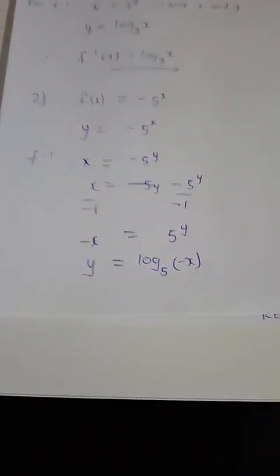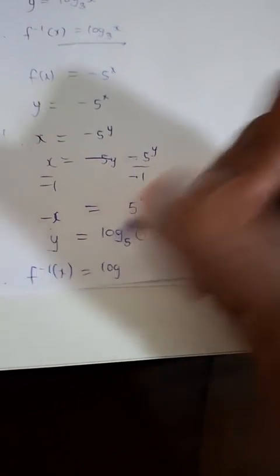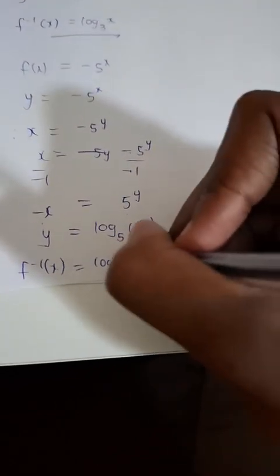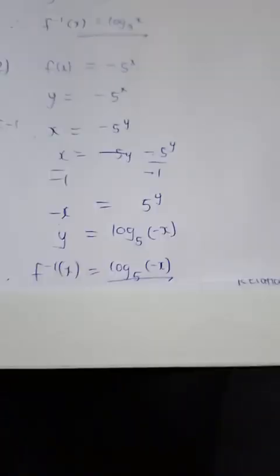So therefore our inverse function for the exponential equation is y is equal to log base 5 of negative x. And that's it. Done and dusted.